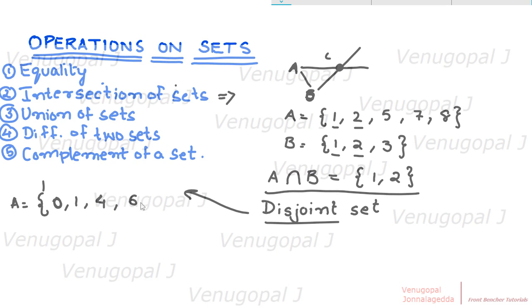Let's call them 0, 1, 4 and 6. And now I have another set which has 2, 3, 5 and 7. Now you can clearly notice that they have absolutely no common elements in them. In such a case, it's called a disjoint set.